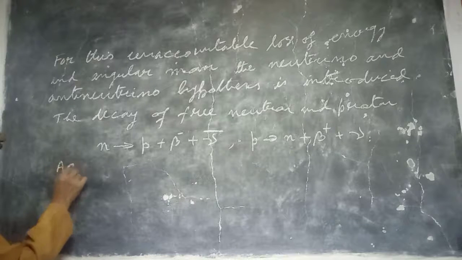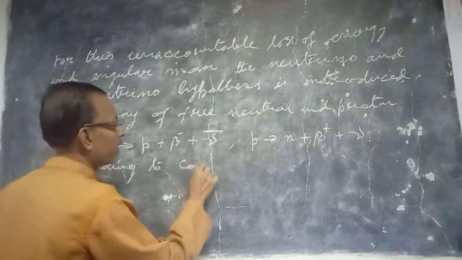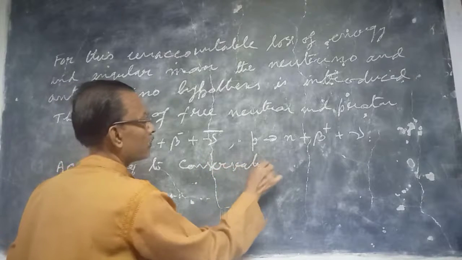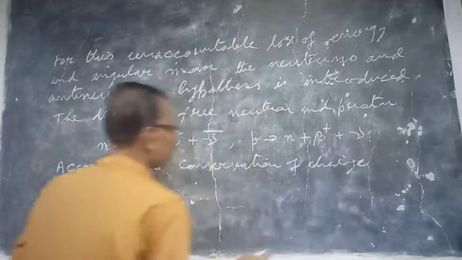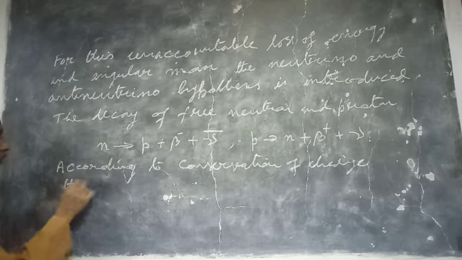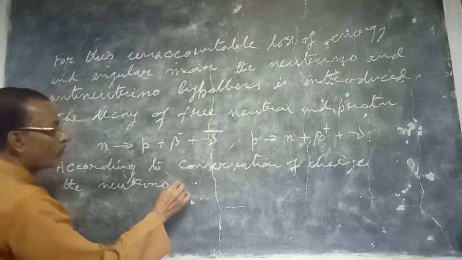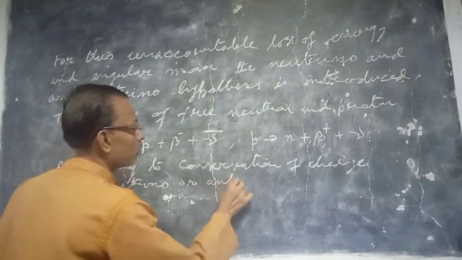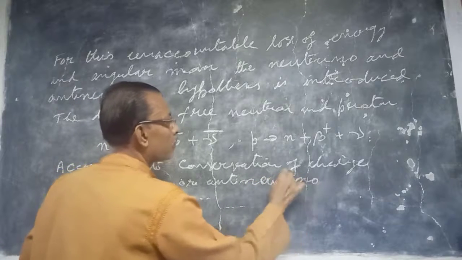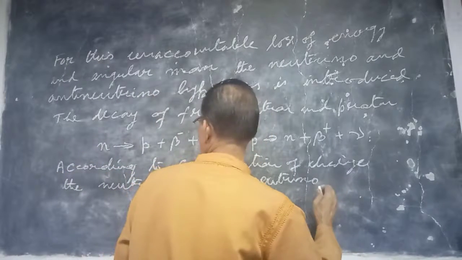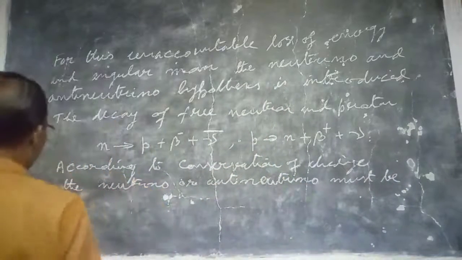So from this equation, according to the charge balance principle, according to conservation of charge, the neutrino or antineutrino must be neutral.